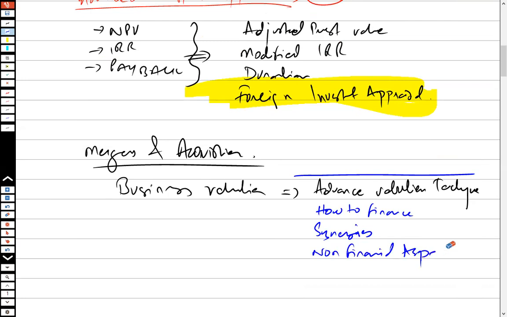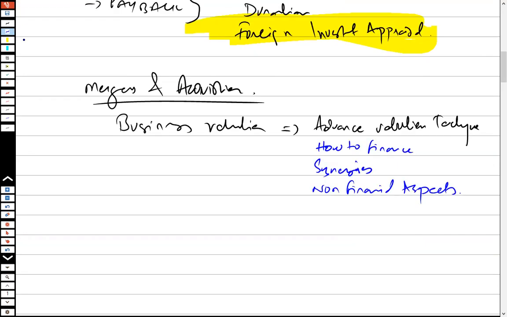So when we talk about mergers and acquisitions, it's going to be the advanced valuation technique, how to finance a business acquisition, the synergies or the excess advantages that you're going to get as an entity when you undertake this investment, and lastly the non-financial factors: it's not just about valuation, it's about having additional benefits out of this acquisition.